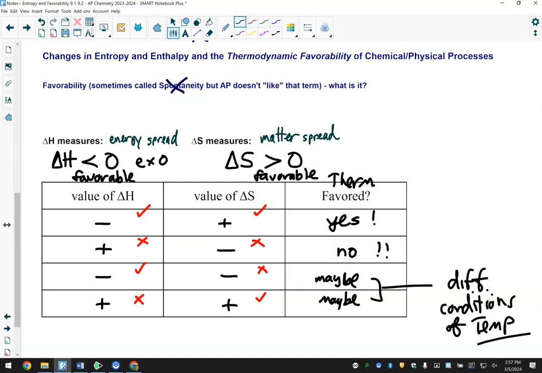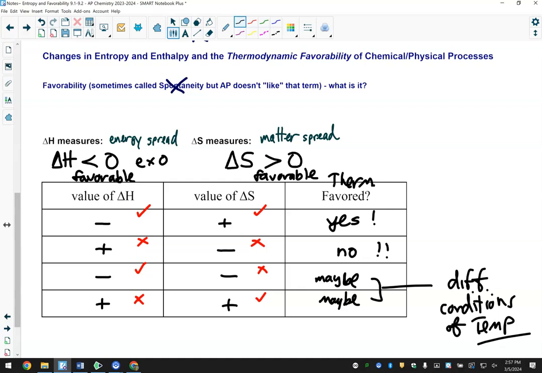And that equation is going to tell us once and for all, under a certain condition of temperature, would these ones where the signs are the same be favorable or not thermodynamically at that temperature? These are favored at any temperature when you have negative delta H, positive delta S. Positive delta H, negative delta S, not favored at any temperature.